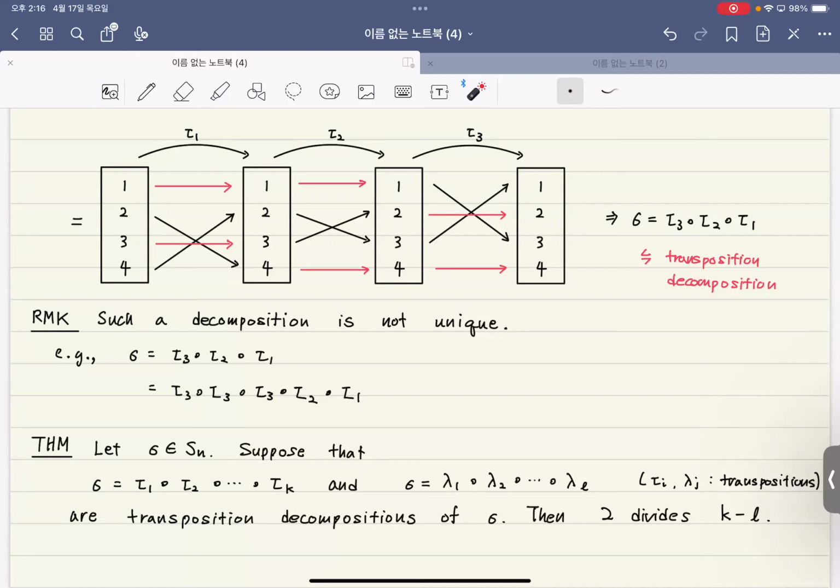Then if K is an odd integer, this implies L also has to be odd, right? On the other hand, if I was able to decompose sigma into an even number of transpositions, then L also must be even. In this sense, I say the parities of K and L must be the same. So this is the meaning of the theorem. All right, how do I prove this?